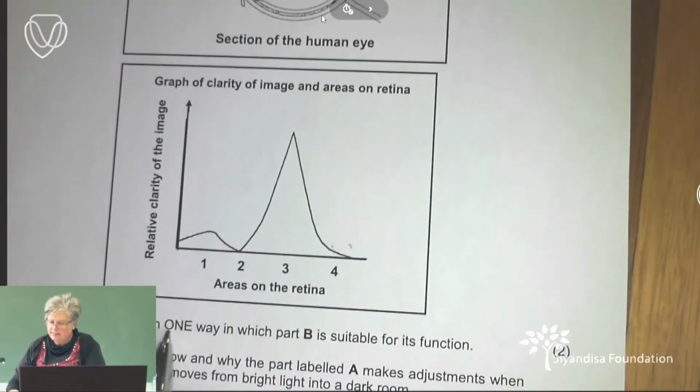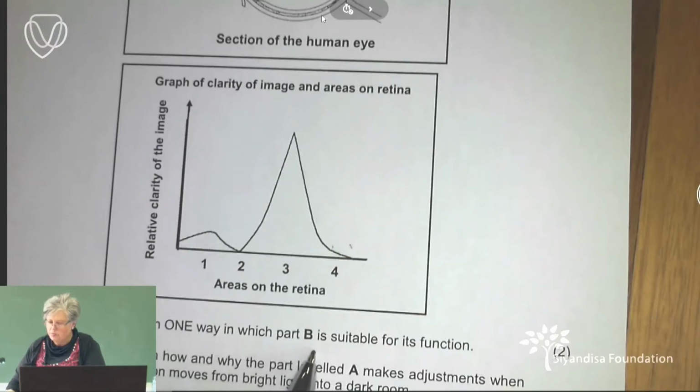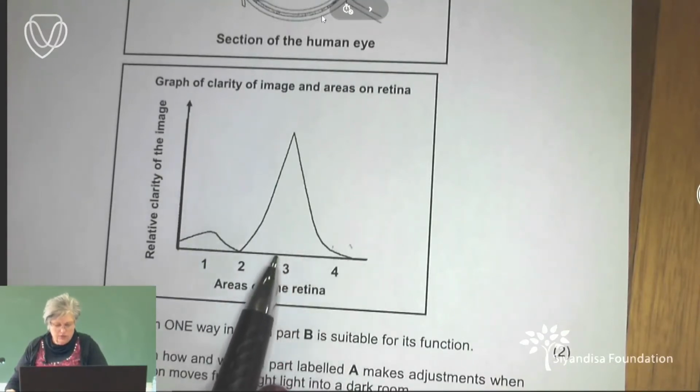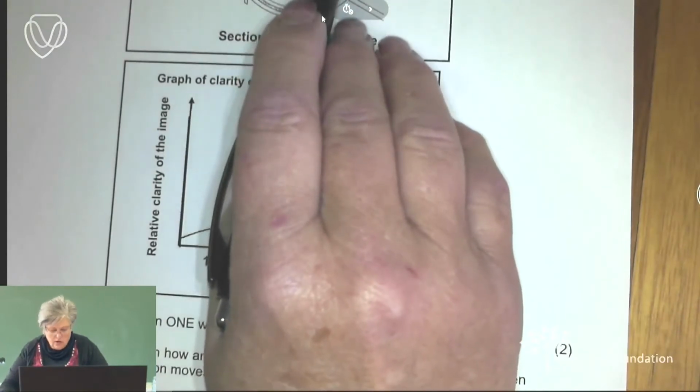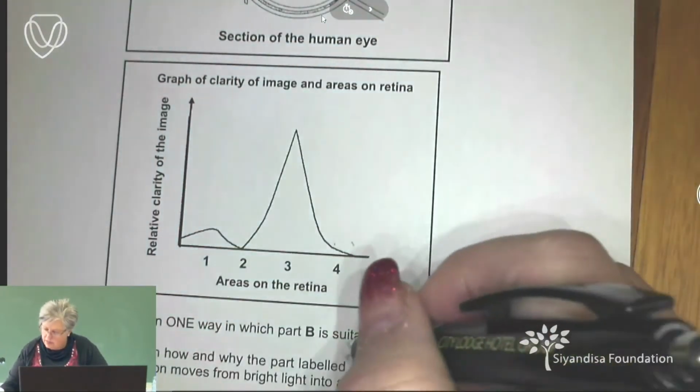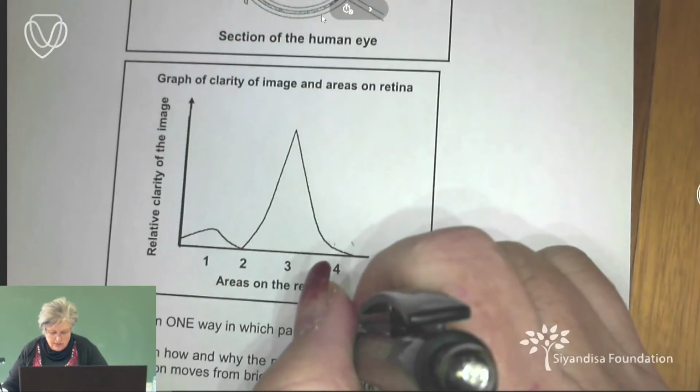Now they say, explain one way in which part B is suitable for its function. Explain one way in which it is suitable for its action. So what is part number B? Part number B is the choroid. So how is it suitable?